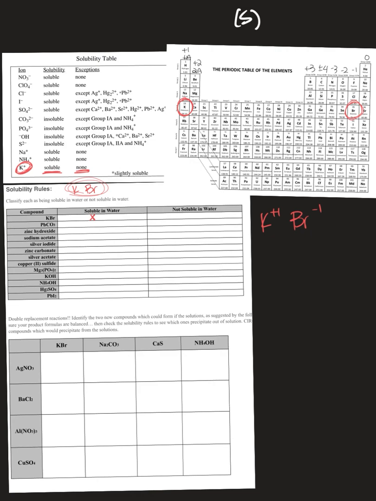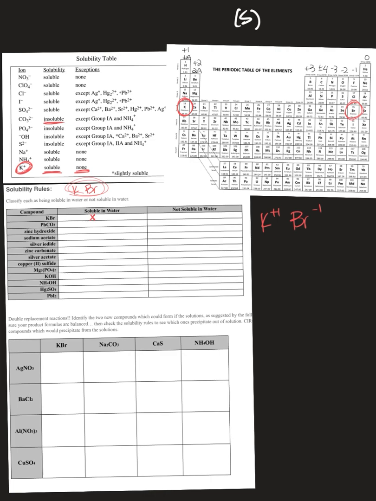Next, I have lead and CO3, which is carbonate. I don't see lead on my ion list, but I do see CO3 2-. What does it say about CO3 2-? It's mostly going to be insoluble, which means it's not going to break up.